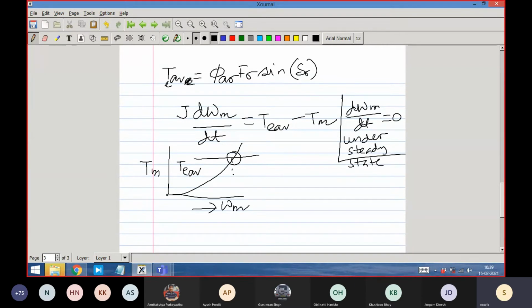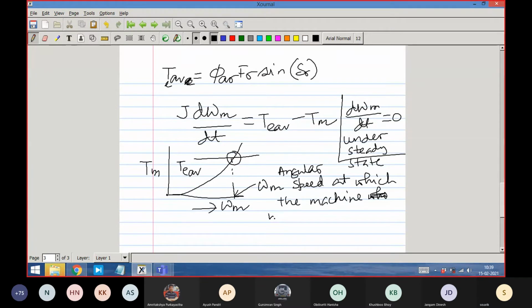That means it will dictate the speed at which the machine has to operate. This must be the angular speed at which the machine would operate under steady state.